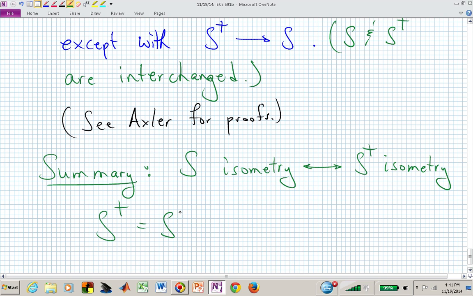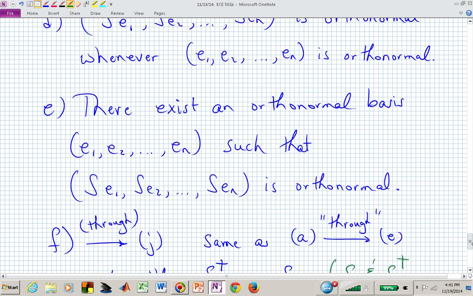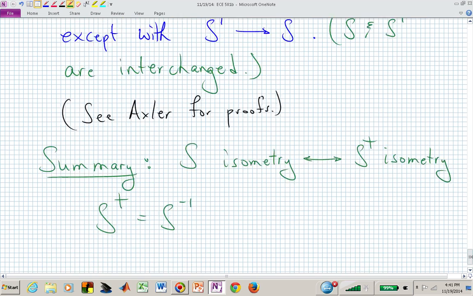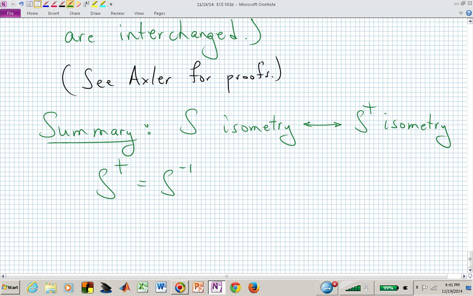And if you look at statement C, this says that when we take the operation of S adjoint onto S, that gives us the identity. So the composition of S adjoint S giving us the identity says that S adjoint is actually S inverse. And that's from statement C.